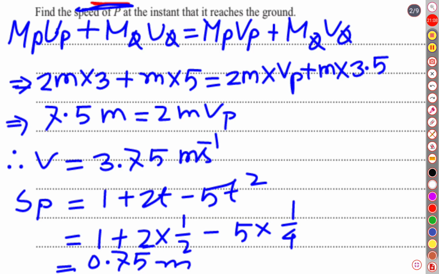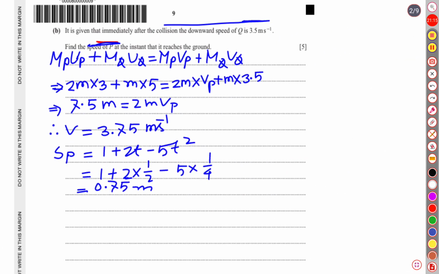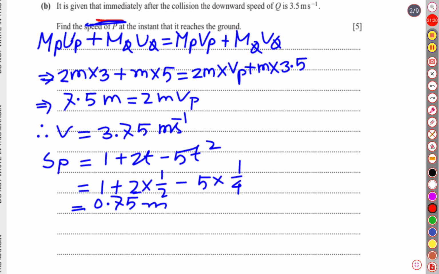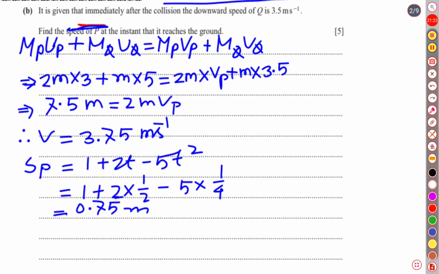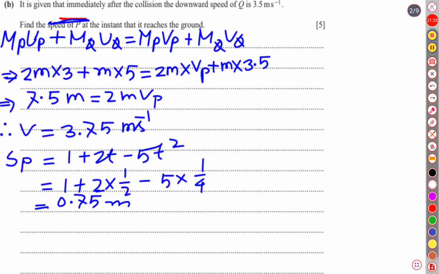Now we can easily find the final velocity, and for finding the final velocity, we apply the concept of the Schubert formula. That means v square is equal to u square plus 2as. So v square, which is vp square, is equal to u square plus 2as.